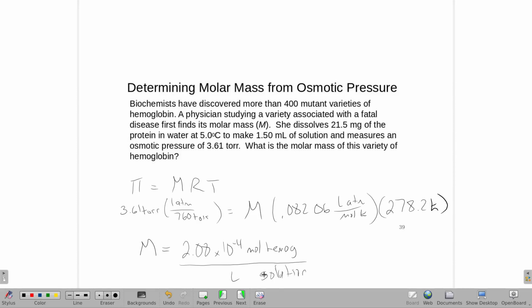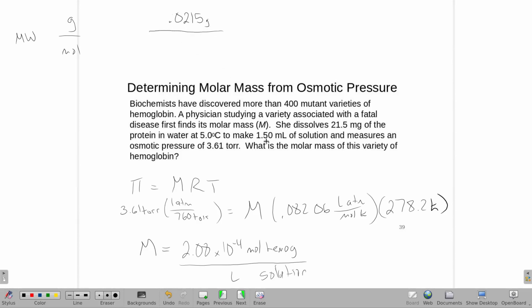Well, keep in mind, molecular weight is grams per mole. That's what molecular weight is. I did say this was made with 21.5 milligrams in 1.5 milliliters. Well, look at this. 21.5 milligrams is 0.0215 grams.